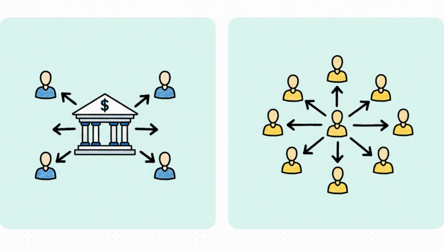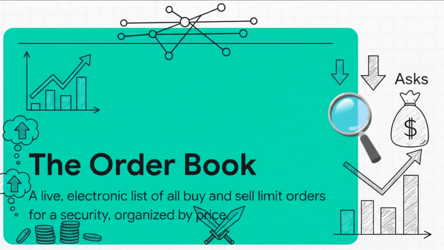You can think of them as giant automated dating apps for money. They match a buyer directly with a seller. No middleman needed. The absolute heart of this modern system is something called the order book. It's basically a live public scoreboard. On one side, you have all the buy orders, the bids. On the other side, all the sell orders, the asks, all neatly organized by price. This is it. This is the digital arena where supply and demand literally fight it out in real time.